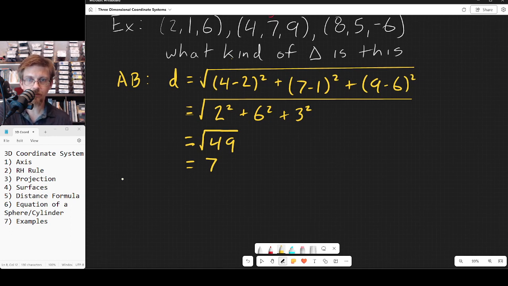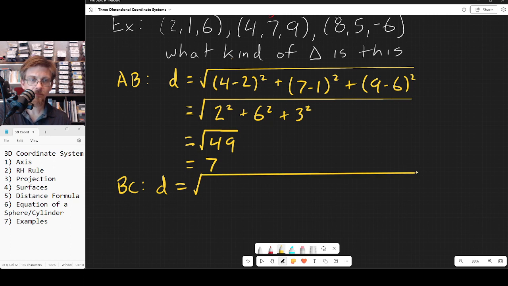Okay. Got that one. And let's do B to C. The distance here is equal to, so B to C, we'll start off with C first.